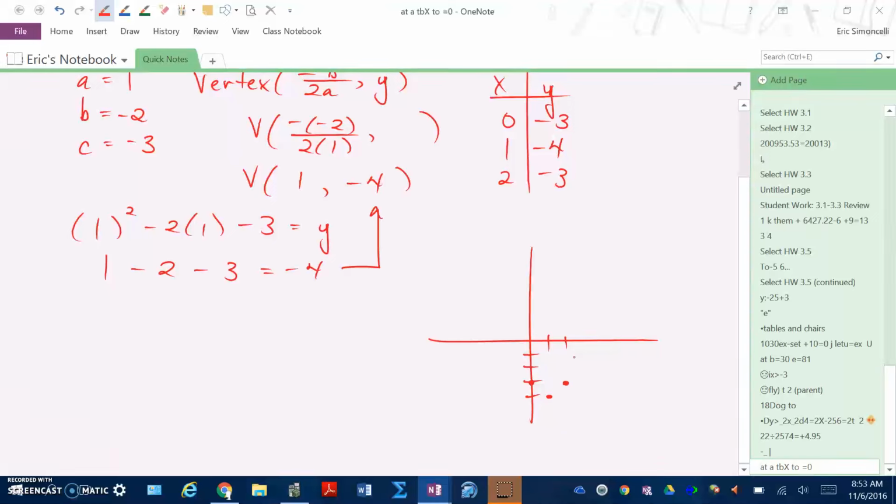Okay, so I am going to go ahead and find 2 more points. I'll find 1 more point that is less than 0, so negative 1, and 1 more point that's greater than 2, so 3. So if I plug in negative 1 back into the original expression, negative 1, quantity squared, minus 2 times negative 1 minus 3. Again, we're solving for y, that's 1, minus 2 times negative 1, or plus 2, then minus 3, well that's 1 plus 2, 3, minus 3 is 0.